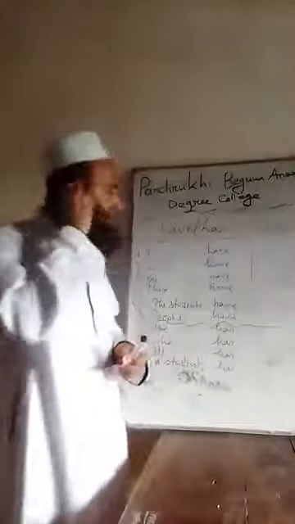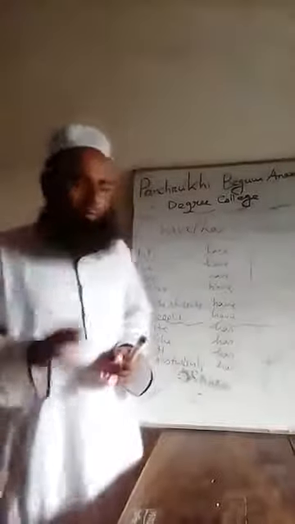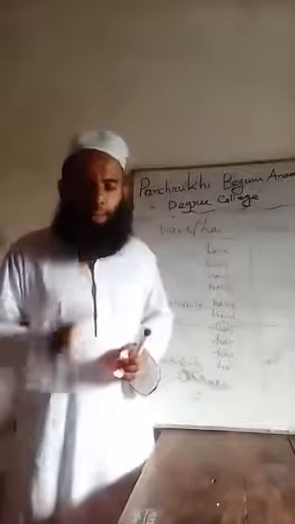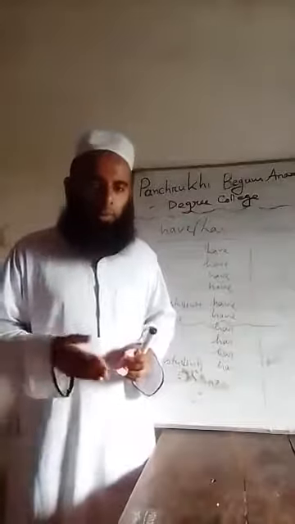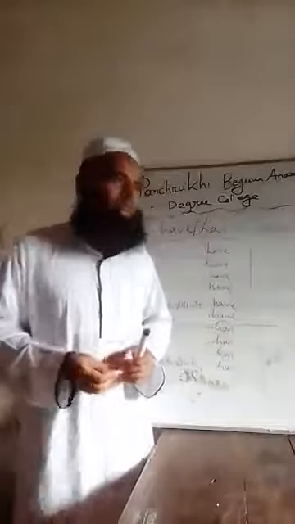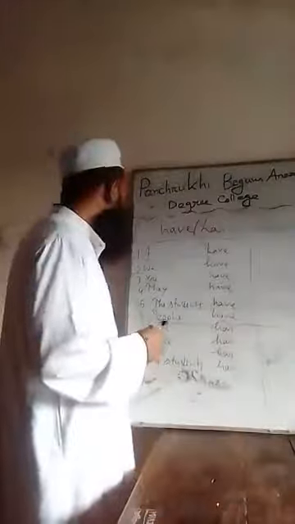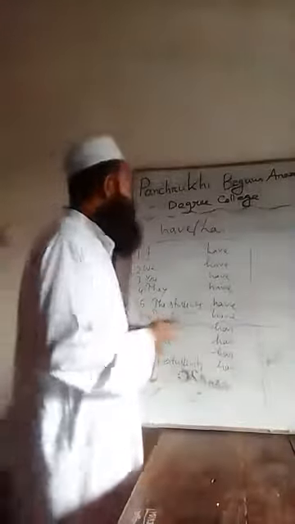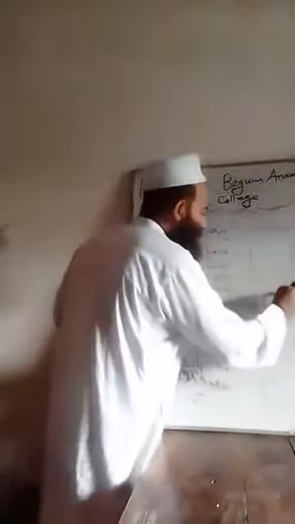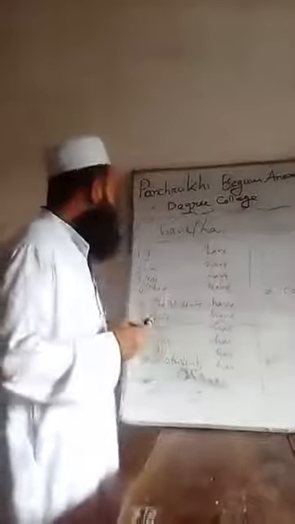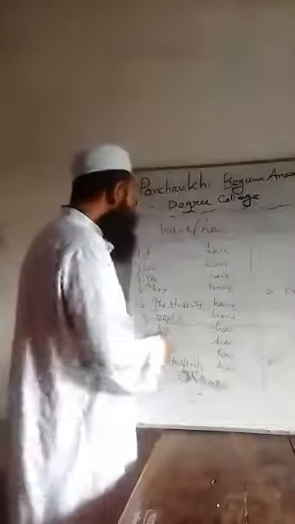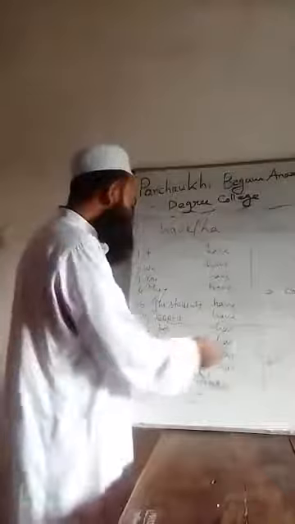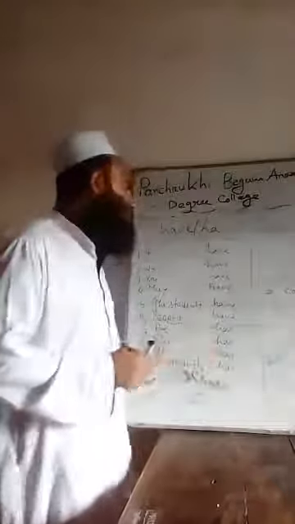We have to bear in mind that if we find the subject is third person singular number, we have to use has as an auxiliary verb or main verb. If we write: I have a cow, we have a cow, you have a cow, they have a cow, the students have a cow, people have a cow, he has a cow, she has a cow, each has a cow, a student has a cow.